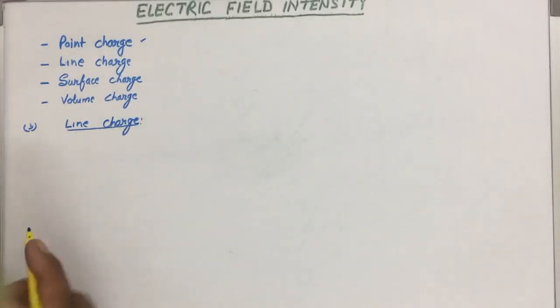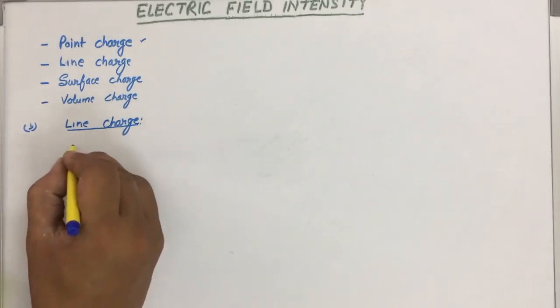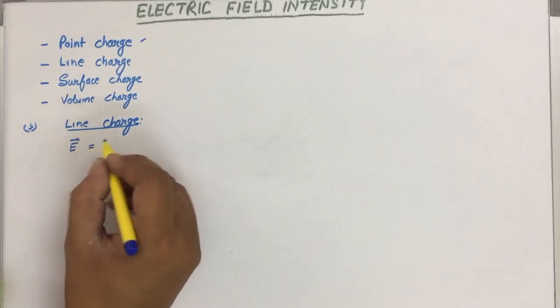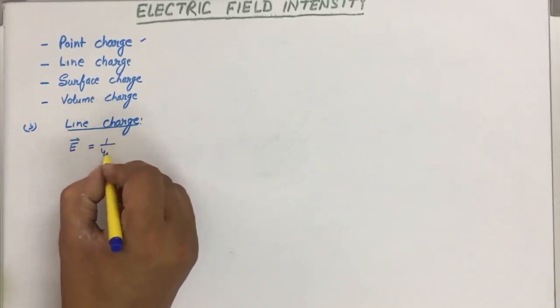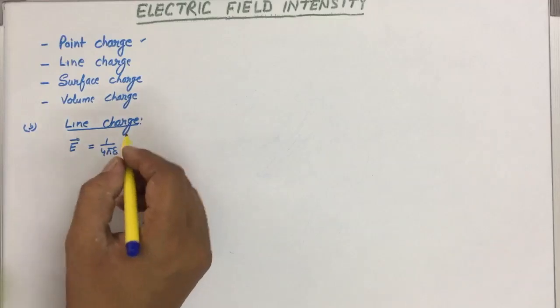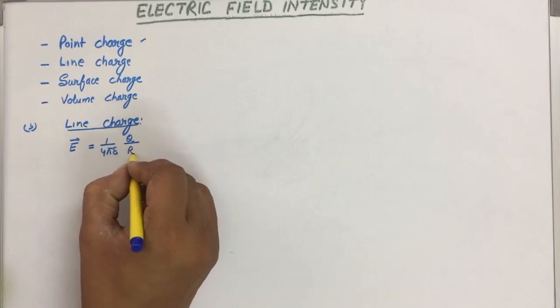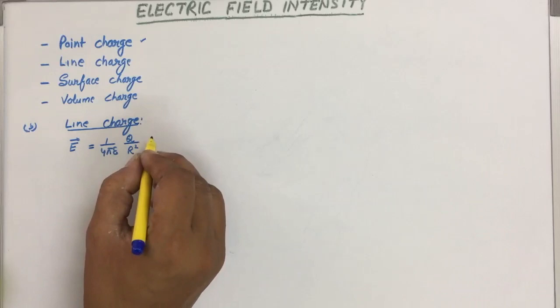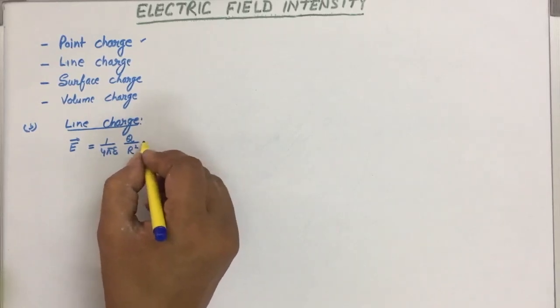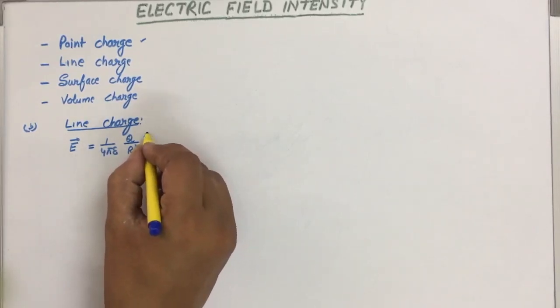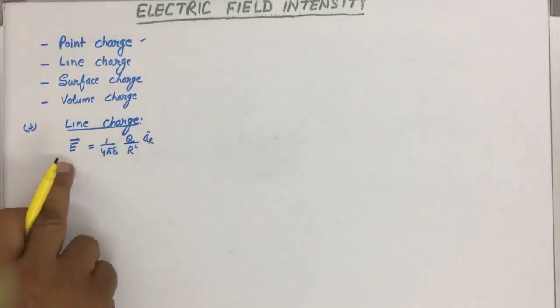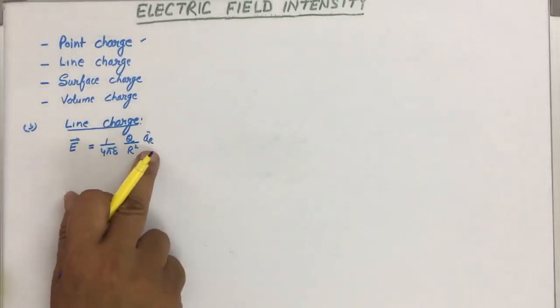At the last turn, we have seen that electric field intensity can be written as 1 by 4 pi epsilon, hope everyone remembers this, the charge divided by the distance between the charge and the point of interest, that is r square, in the direction of a_R. This is a vector quantity, so it will have a proper direction, that is in the direction of the radial vector.